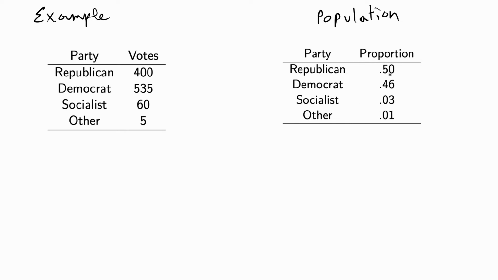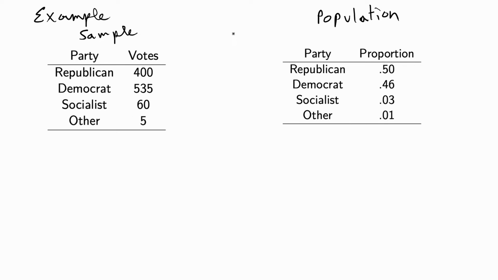This is your population distribution or your theoretical distribution. Then let's say there was a new election and you have sample data from 1,000 participants. Let's say this was the sample distribution of this categorical variable: 400 people voted Republican, 535 Democrat, 60 Socialist, and 5 other.